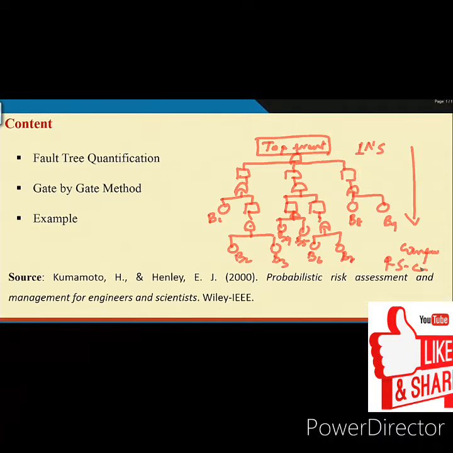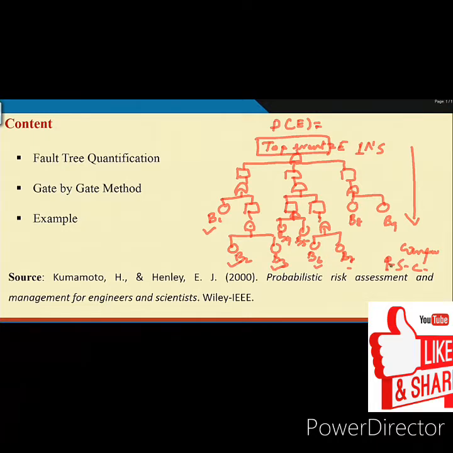Now, once the fault tree is constructed, you need to quantify the top event. What is the quantification here? The probability of the top event. If the top event is E, then what is the probability of E? So, how can you get it? You can quantify P(E) given the basic events.